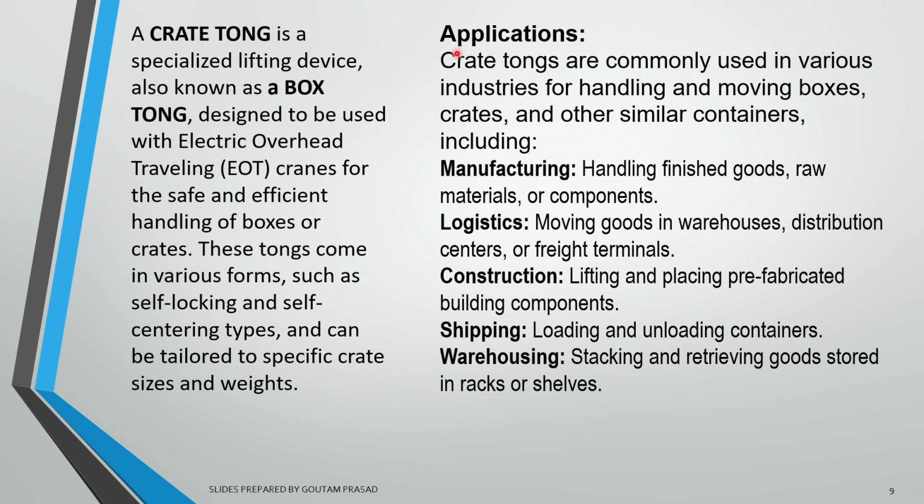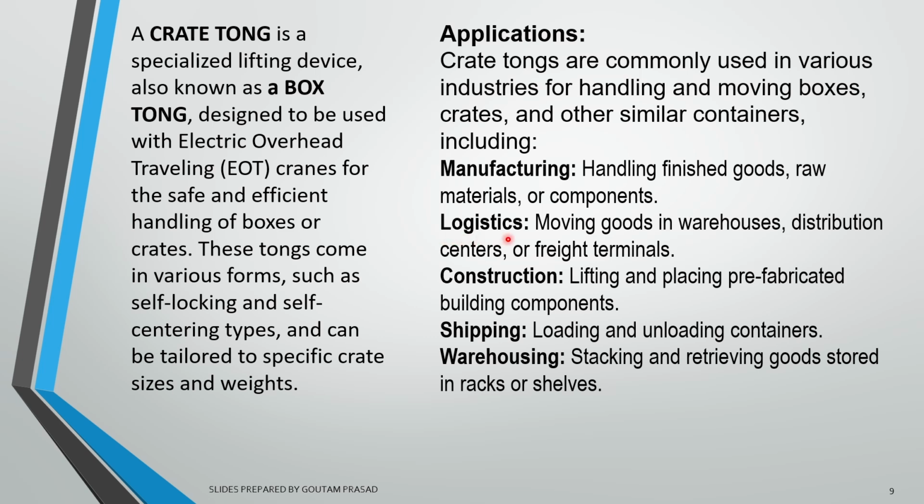So the applications are quite visible. Crate tongs are commonly used in various industries for handling and moving boxes, crates, and other similar containers. These are used in the manufacturing industries for handling finished goods, raw materials, and components.